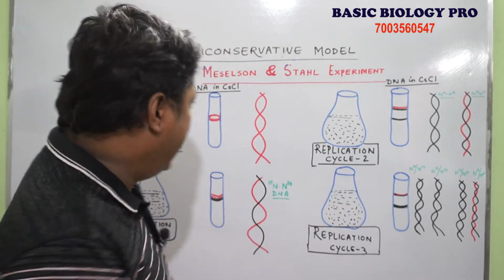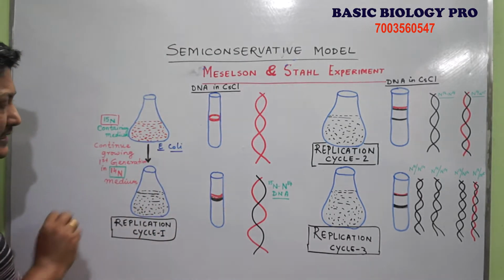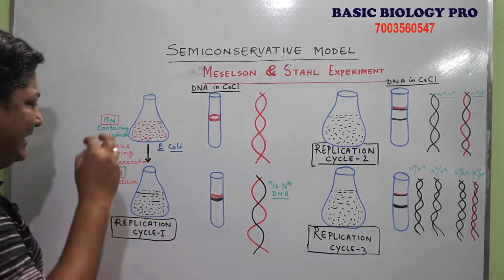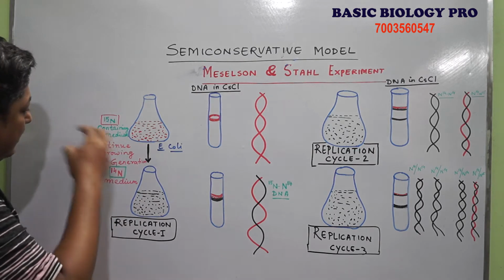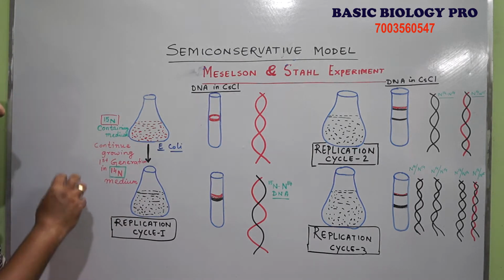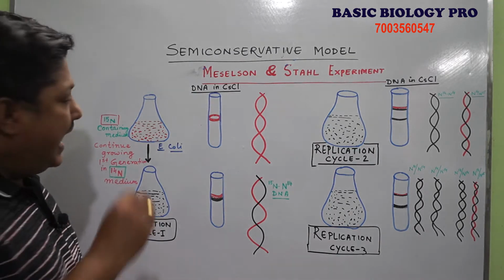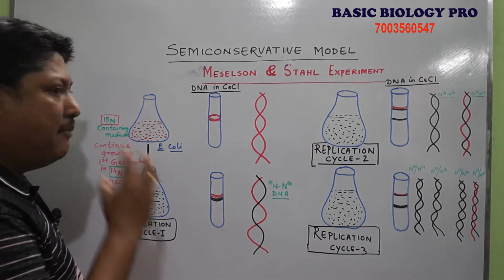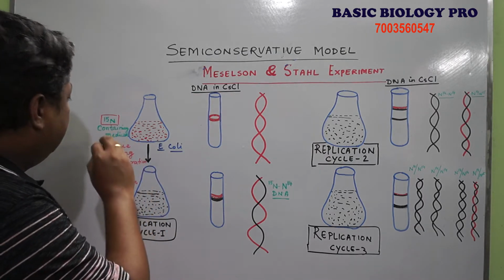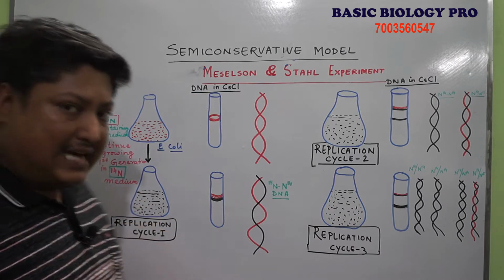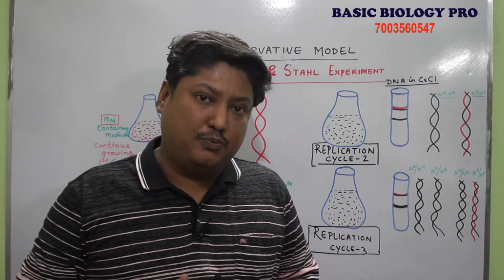In 1958, these two scientists grew E. coli in their lab within a medium containing ammonium chloride. And this nitrogen-containing ammonium chloride is specifically designed with the heavy isotope of nitrogen.